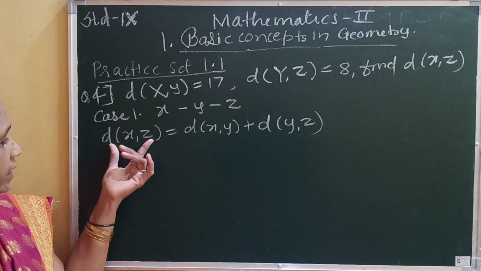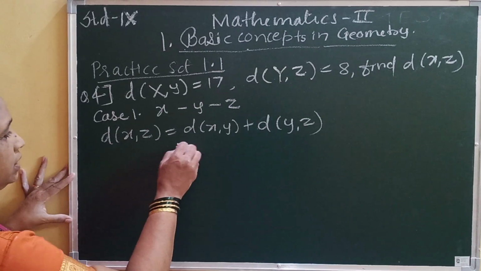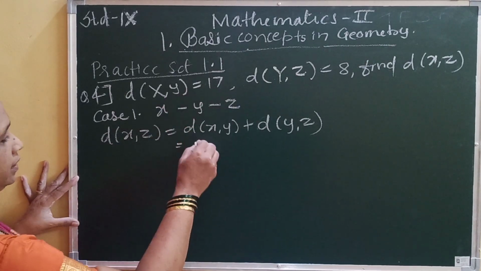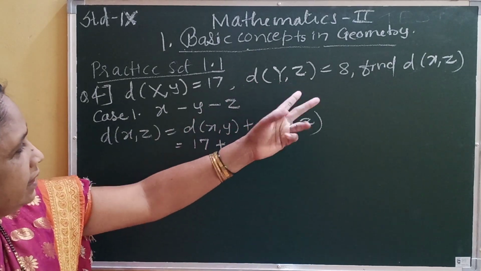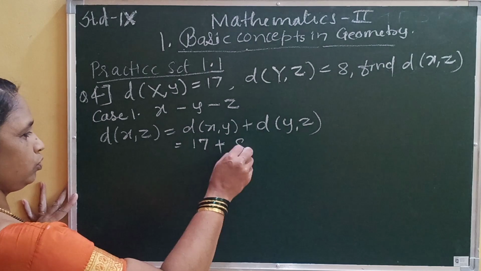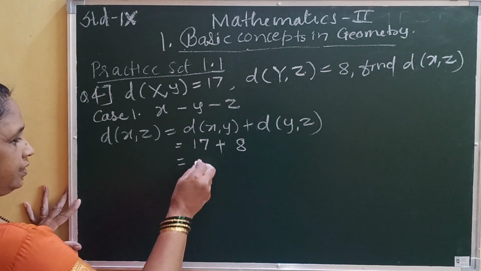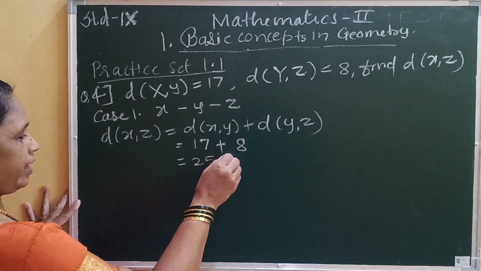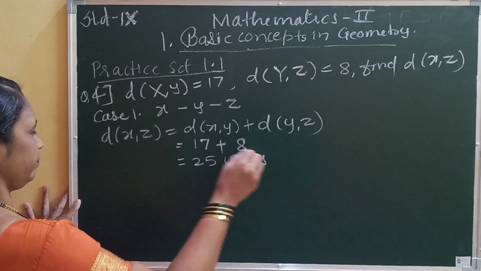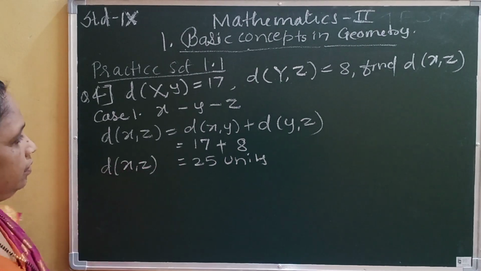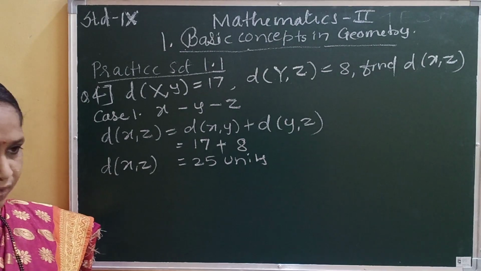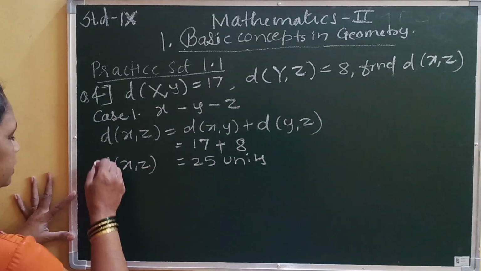Distance XY is 17 plus distance YZ is 8. So 17 plus 8 is 25 units. So distance XZ is 25 units. This is one possibility.